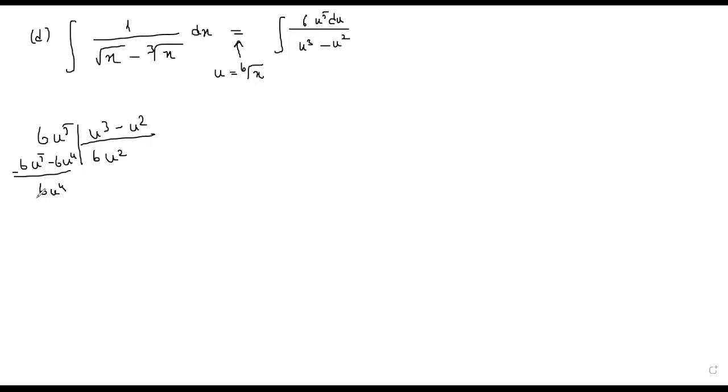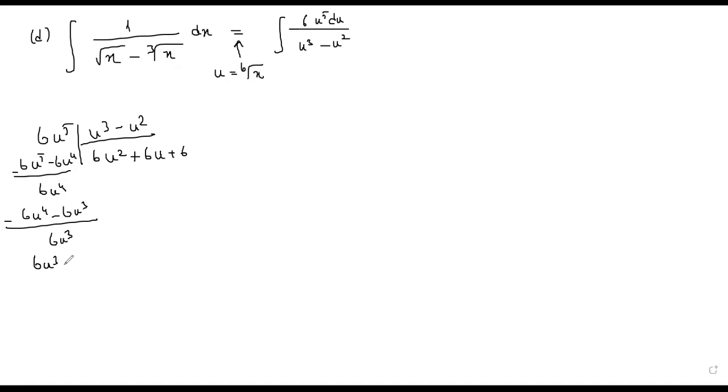Now the degree of that is not less than the divisor's, so we need to continue. We multiply by 6u to get u to the 4 there. So we have 6u to the 4 minus 6u cubed. We subtract that and get 6u cubed here. Still the degrees are the same, so we continue with this 6.